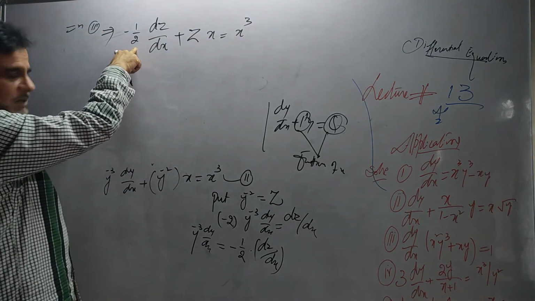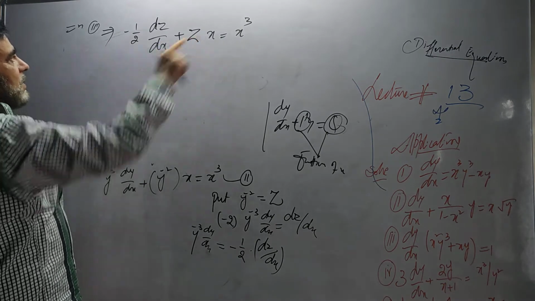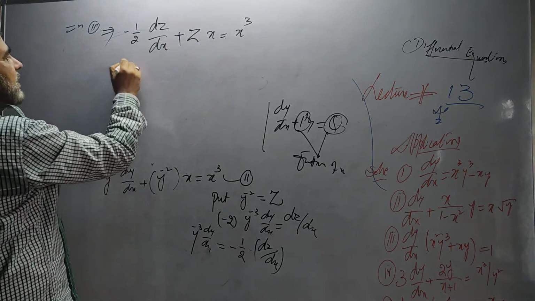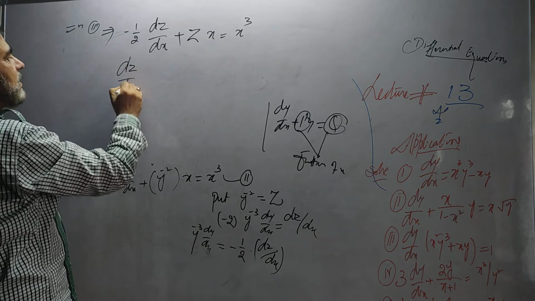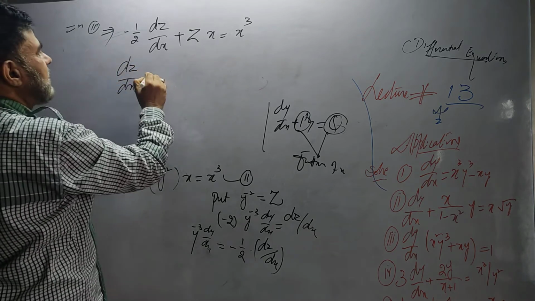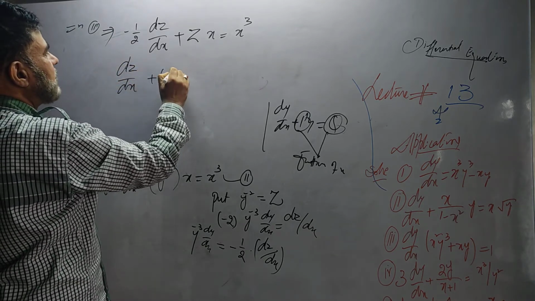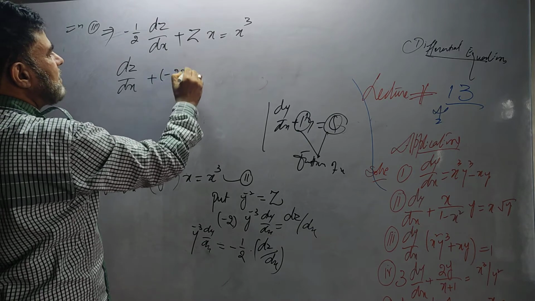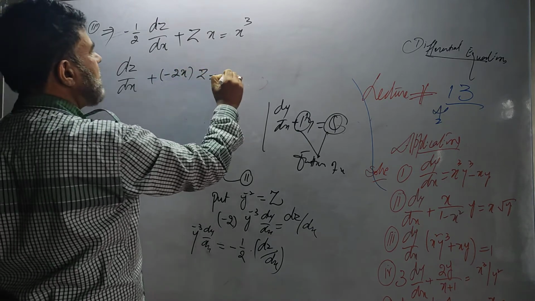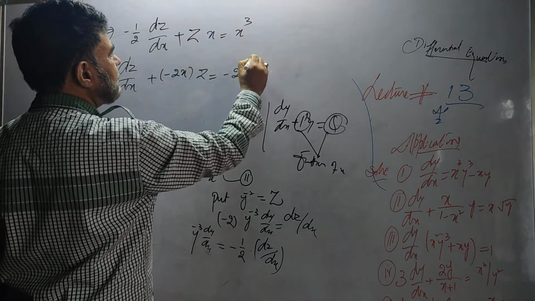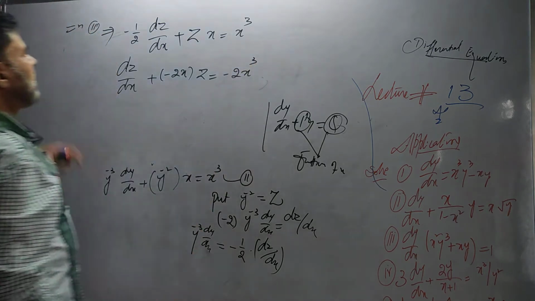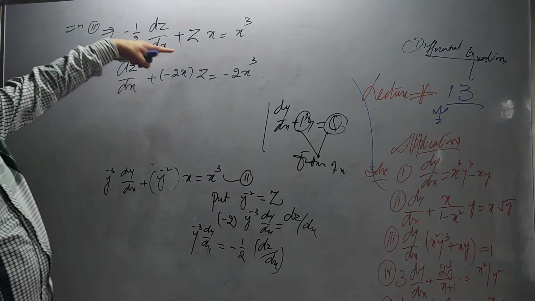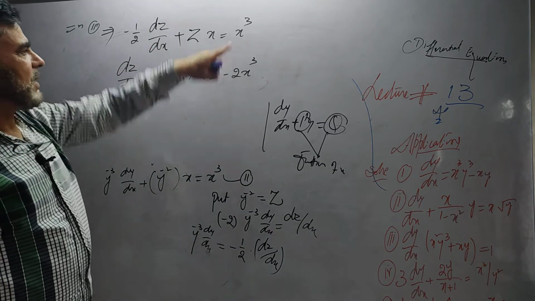Now I want to get rid of this, multiply both sides by minus 2. It is dz by dx plus minus 2x z is minus 2x cube. When you multiply by minus 2, it is minus 2x here, minus 2x.